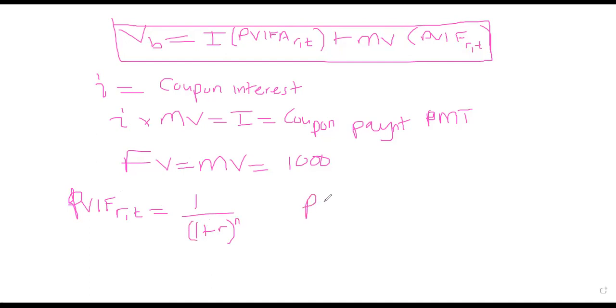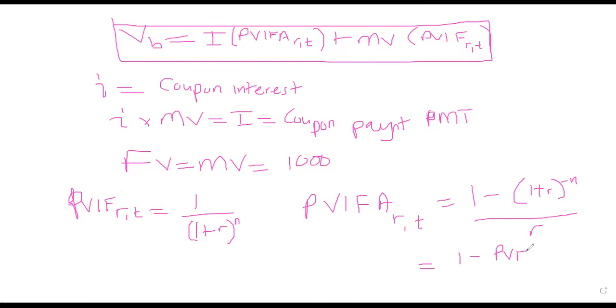Our present value interest annuity factor is simply given by 1 minus 1 plus R to the power negative n, everything over R, or simply 1 minus the present value factor that we have just found over the interest rate. I want to really simplify your work as much as possible so that you don't go zigzag.